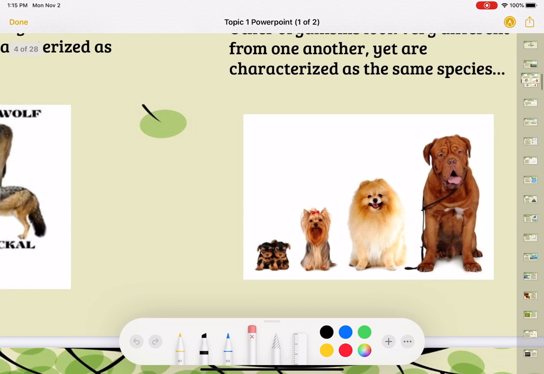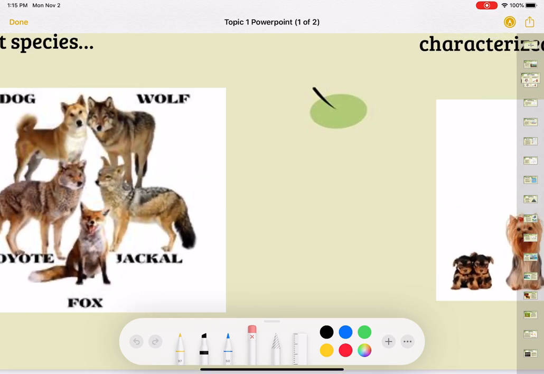So, you've had dogs before that are, like, a Chihuahua and a pug, or a golden retriever and a German shepherd. So we have dogs that are mixed with different breeds of dogs, and that's because they can produce fertile offspring. That means that the babies they create can have babies, and that's all because they're the same species.